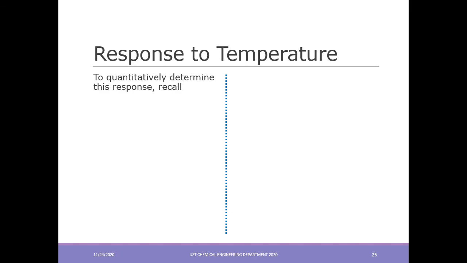To quantitatively describe this response to temperature, we will derive an expression that will show how the equilibrium constant is related to temperature. We start with the equation of standard reaction Gibbs energy equal to negative RT ln K. Next, transpose RT to the other side, then differentiate both sides with respect to temperature.